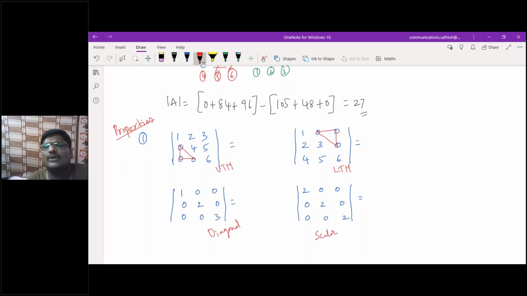Now in this case, you can get the answers. In the case of an upper triangular matrix, lower triangular matrix, diagonal matrix, and scalar matrix, the determinant of the matrix is the multiplication of the diagonal elements. Am I correct or wrong? The determinant is the multiple of your diagonal elements: 1 into 4 into 6, which is 24. 1 into 3 into 6, which is 18. 1 into 2 into 3, which is 6.